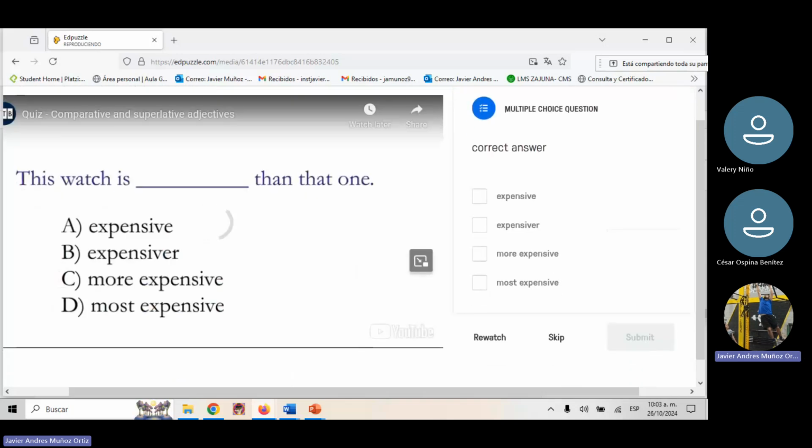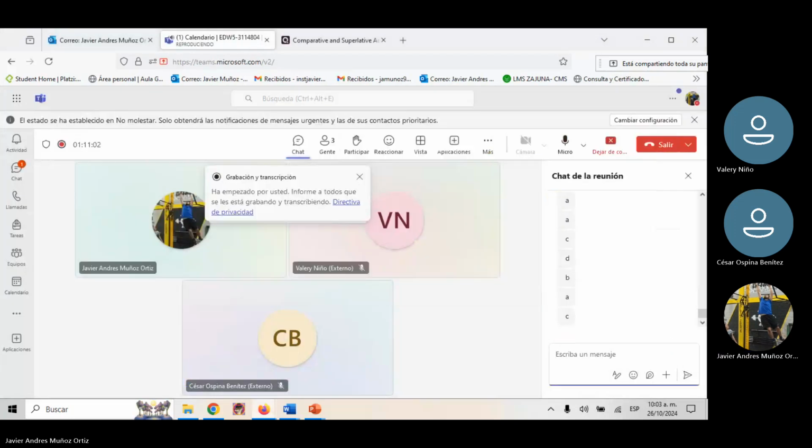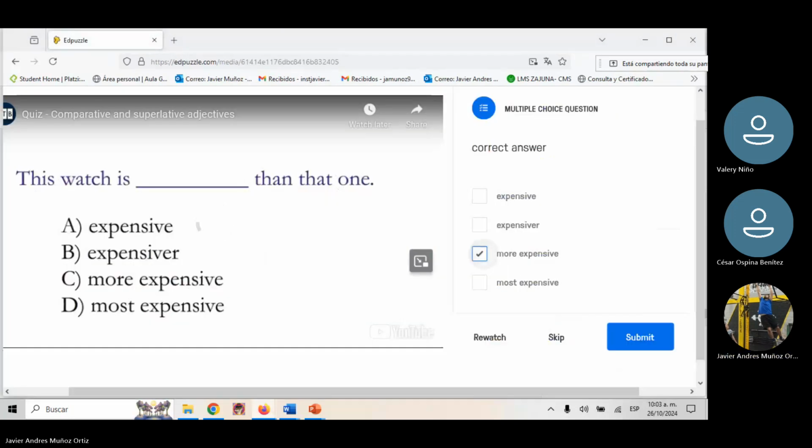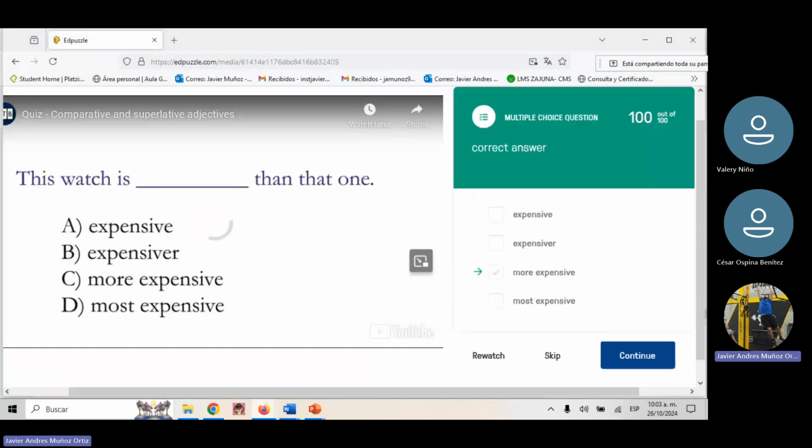And let's go with the last question. This watch is than that one. Expensive, expensiver, more expensive, most expensive. Option C. And this is absolutely correct. Congratulations, you did an excellent job.